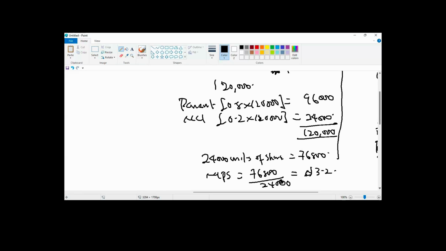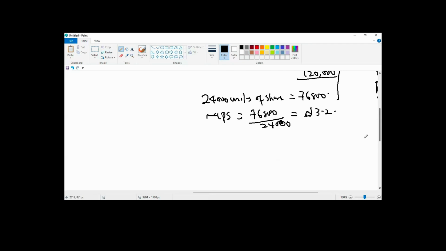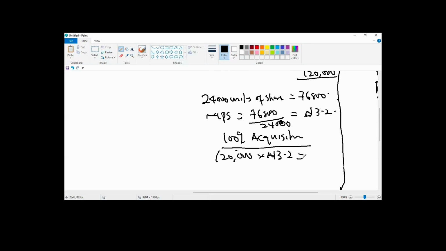Now, if I want to buy 100%, and the total shares is 120,000, 100% acquisition will be 120,000 times 3 naira 20 kobo, which is 384,000.